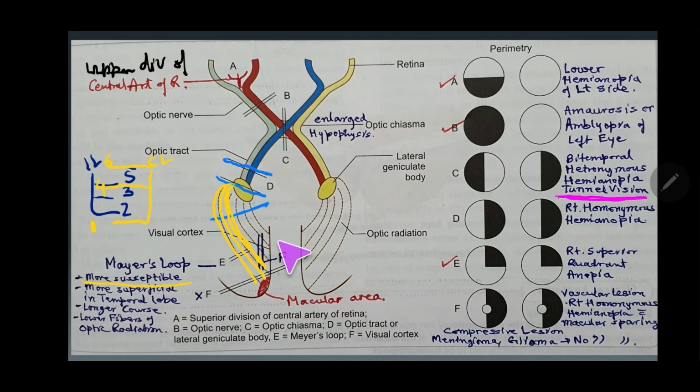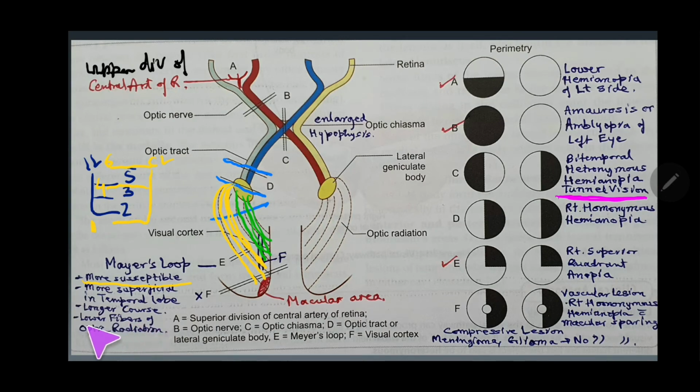Another reason: if you compare the upper fibers with these fibers, I'm drawing them with a different color. You can see these fibers also reach here, but they represent the upper half of the retina, and of course they have a longer course. These are the few points that make Meyer's loop more susceptible to injury.